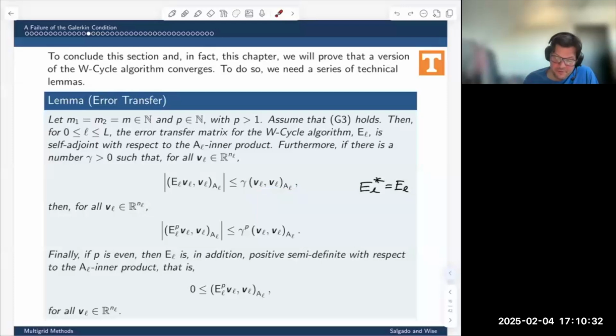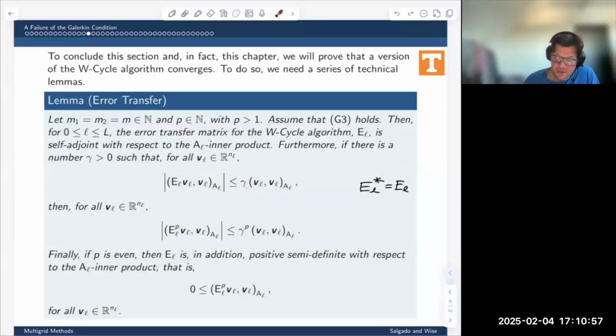So if this is true for some gamma, then if I raise EL to the P power, so that's P applications of the error transfer matrix at level L, then this object is the same as the one on top, except the 1 here becomes a P, and I can replace this gamma with gamma to the P power.